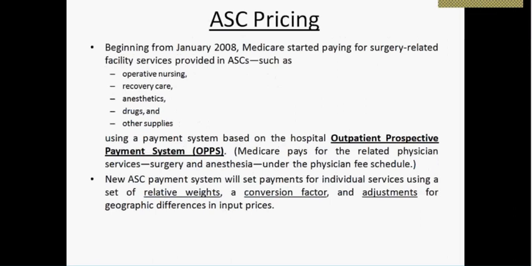At the same time, they apply the relative weight of all the resources and requirements of the services. Basically, they look at the optimum resource requirements needed to provide the services. You take that into account, and then you determine the payment. These are some of the criteria that go into determining the payment for these services. For the ASC services, there are over a dozen services which I will be showing you. Each service has a fixed amount. This is the logic behind how the outpatient prospective payment systems are determined.